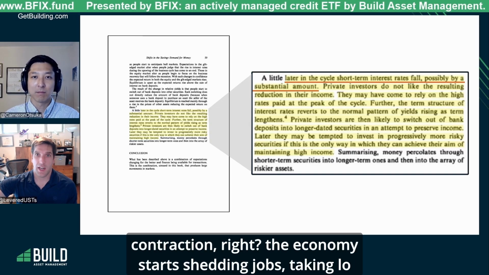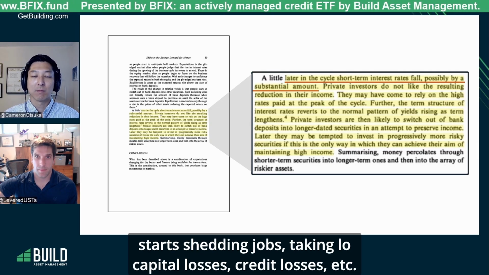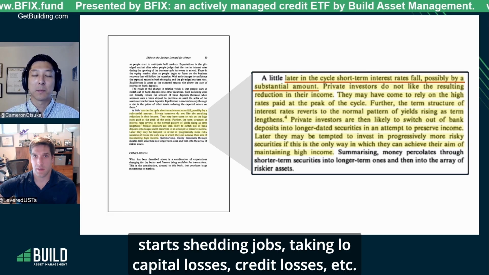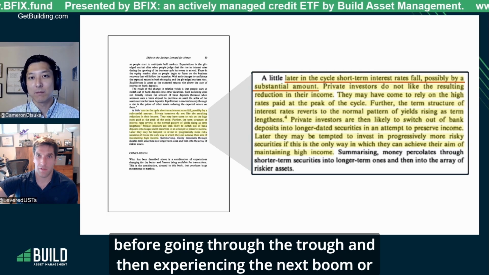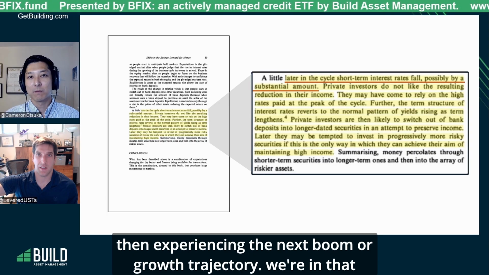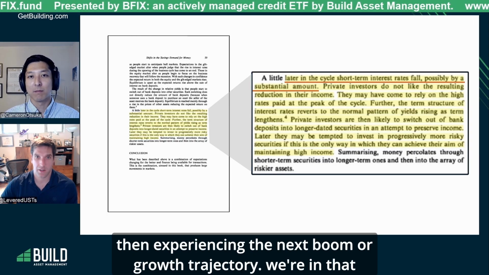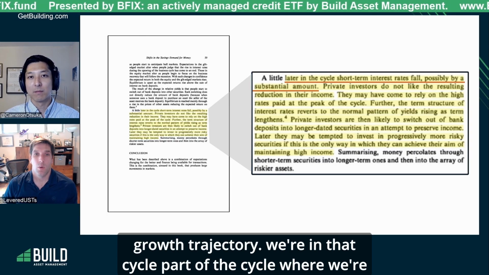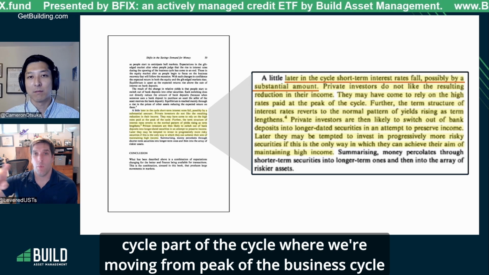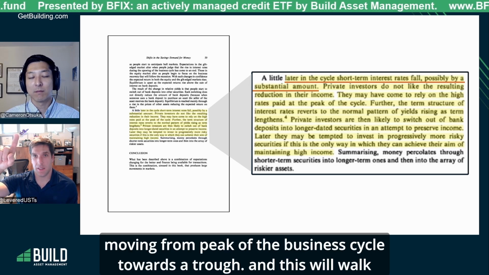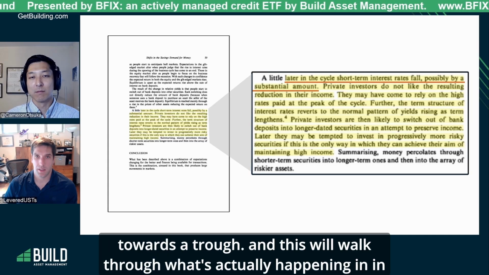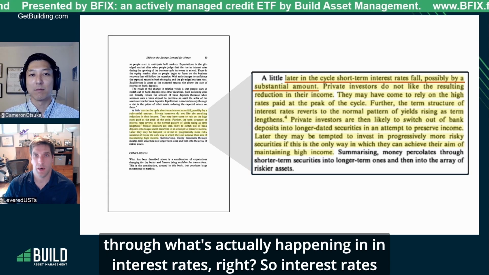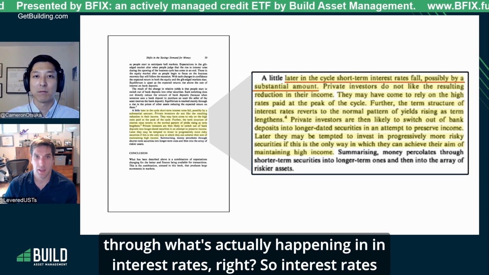The economy starts shedding jobs, taking capital losses, credit losses, et cetera, before going through the trough and then experiencing the next boom or growth trajectory. We're in that part of the cycle where we're moving from the peak of the business cycle towards a trough. And this will walk through what's actually happening in interest rates, right?